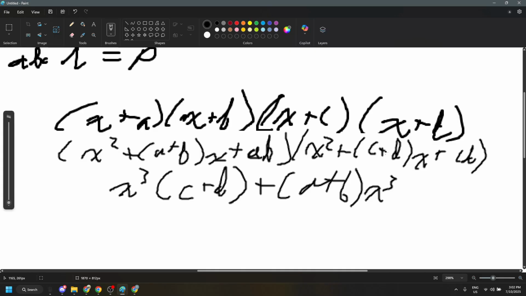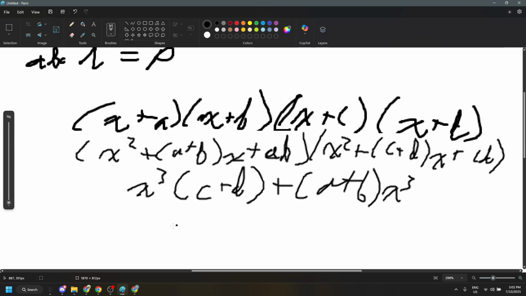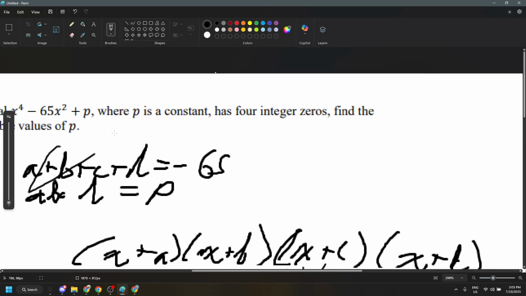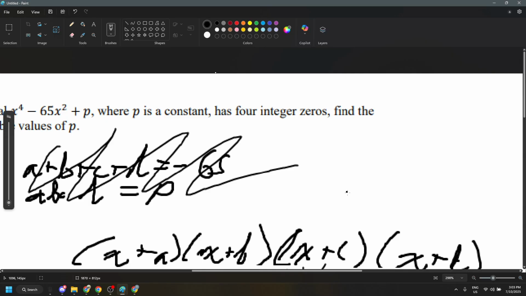That one times that one and that one times that one. So a plus b plus c plus d must be equal to 0. That makes no sense. What? Okay, let's just go with that for now. I think I did this wrong anyways.